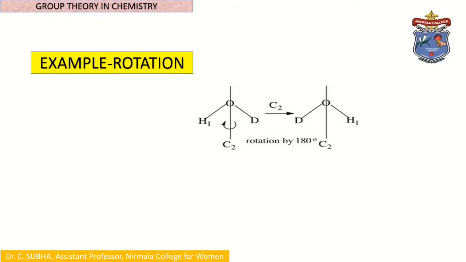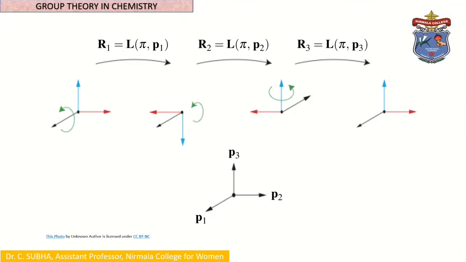In the given example, we can see the deuterium substituted water molecule is rotated by 180 degrees to get an equivalent configuration. That is, the configuration is indistinguishable from the original one. This is another example where a molecule can be rotated through an axis or through any angle to get a configuration indistinguishable from the original one.